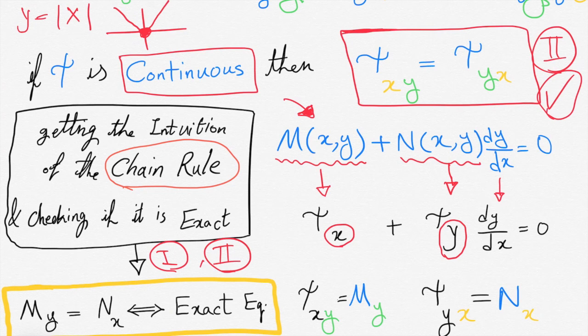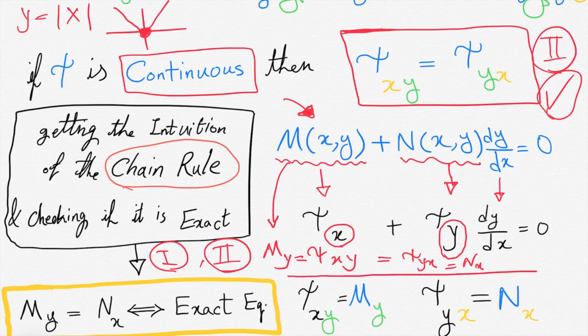Therefore, because of this continuity condition, we can say that xi of x y is equal to xi of y x, which means that taking the derivative of m with respect to y is equal to the derivative of n with respect to x.